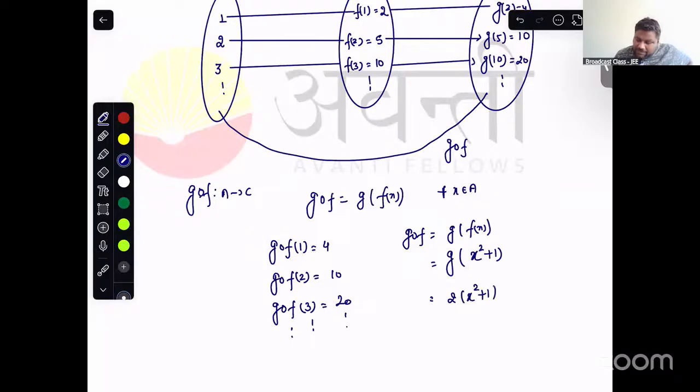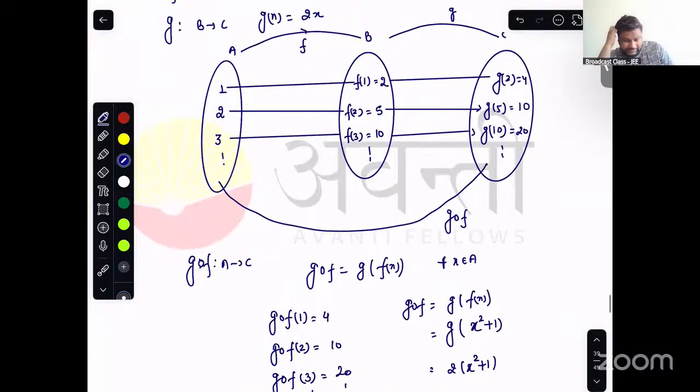Twice of (x square plus 1). Have a look. Understood?